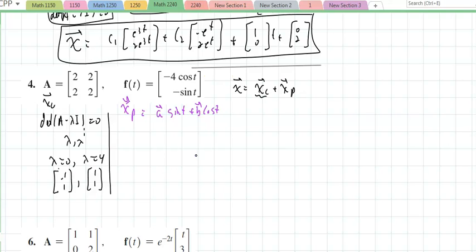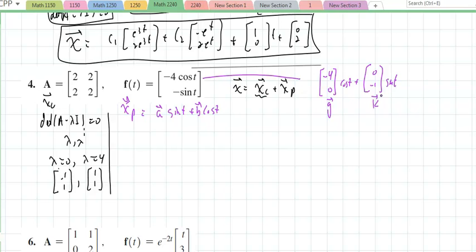And keep in mind, this f of t, if I write it, that's actually negative 4 cosine of t. And this is how we're going to write it really to figure this out. Negative 4, 0 cosine of t plus 0, negative 1 sine of t. And we're going to say, let this be g and let this be k.